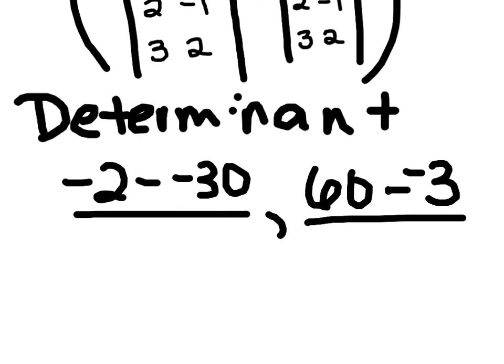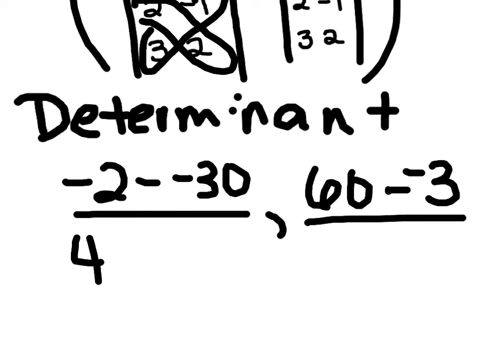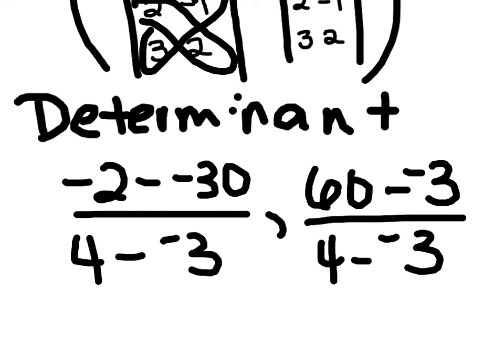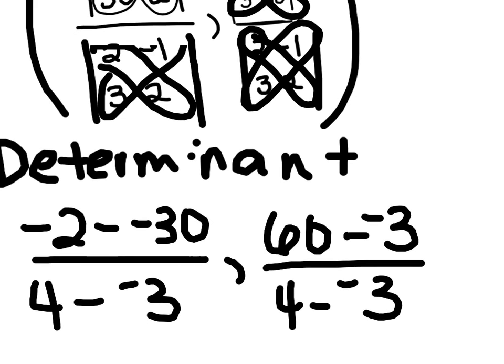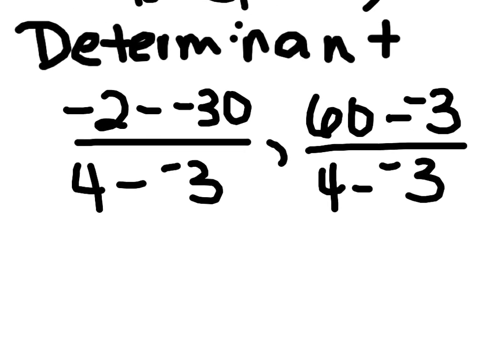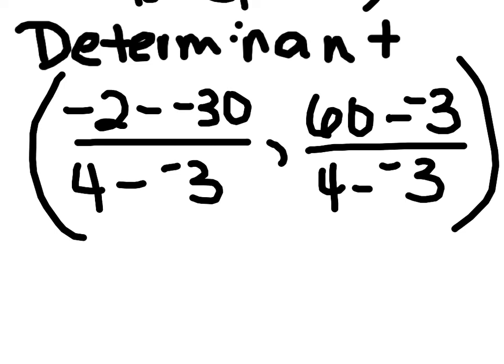Now on the bottom, when I go diagonal, I've got 2 times 2 is 4. And 3 times -1. So I minus -3. And it's going to be the same for both denominators. Go diagonal, 2 times 2 is 4. 3 times -1 is -3. So then I'm just going to go ahead and do this math.